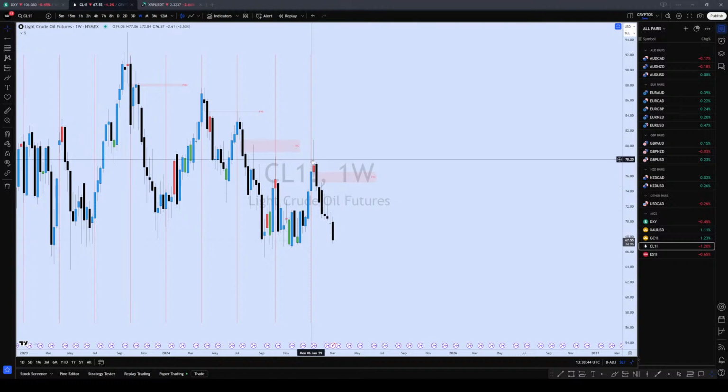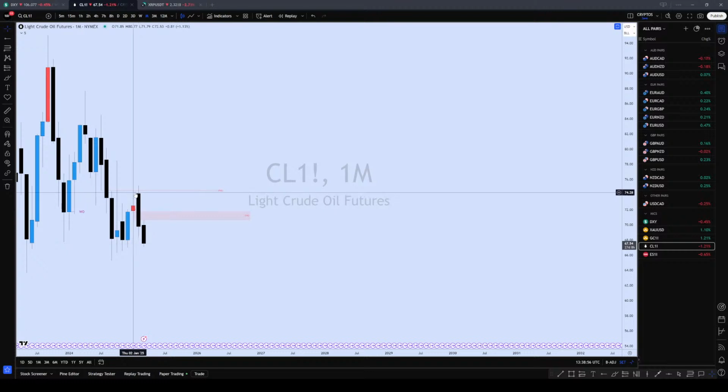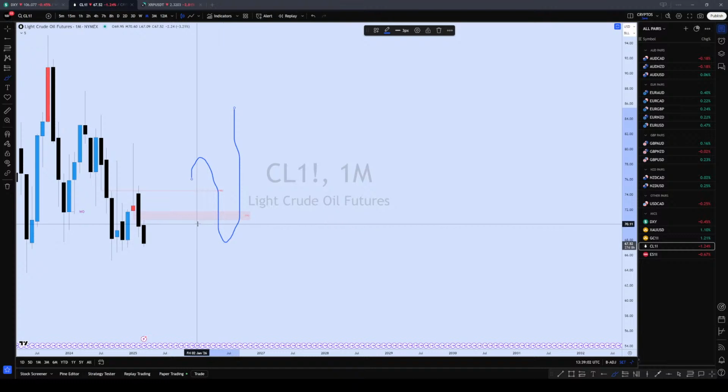So all these down candles forming might be a buy from quote unquote the big boys. So on the monthly, we might be forming something like this. So as it stands right now, these lows are too clean.